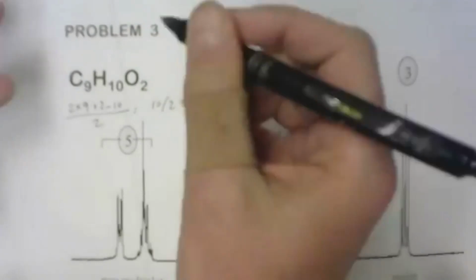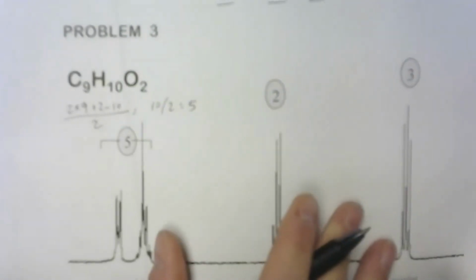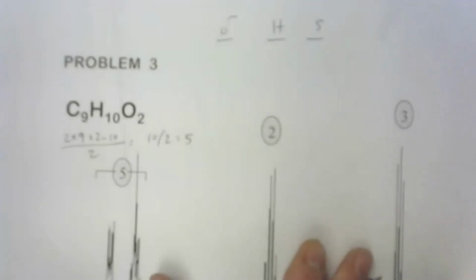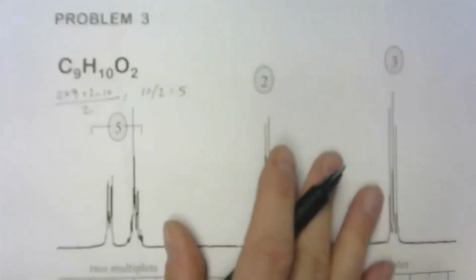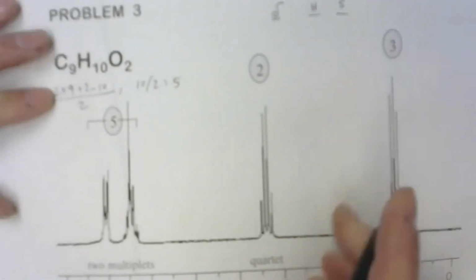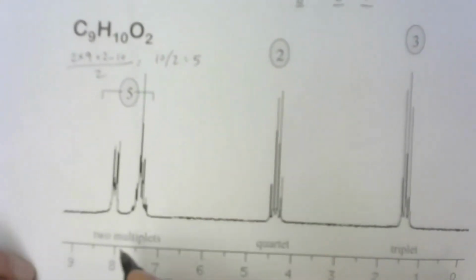So let's make our little table. Delta, H, and S. I always want to be able to see it all. Delta is the chemical shift, and we'll just go left to right, 7 to 8-ish.